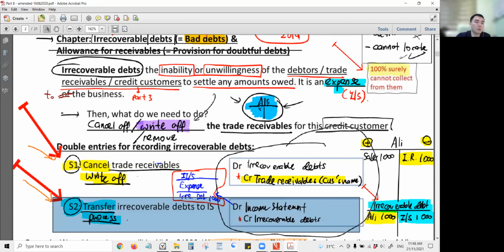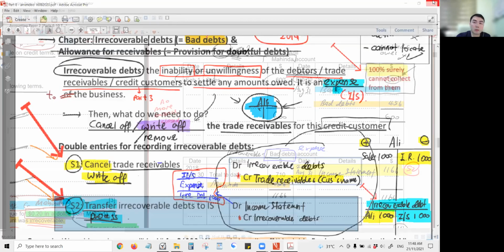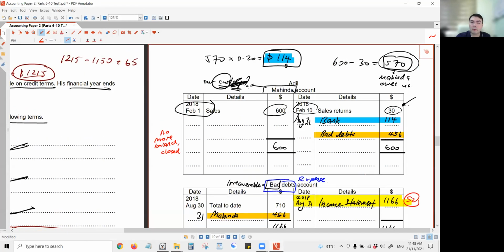One of you asked me, where does the 114 come from? You take 570. 570 comes from where? That's the amount Mahinda still owes to us. 600 minus 30, you get 570. Then times 20 cents. Why do I times 20 cents?